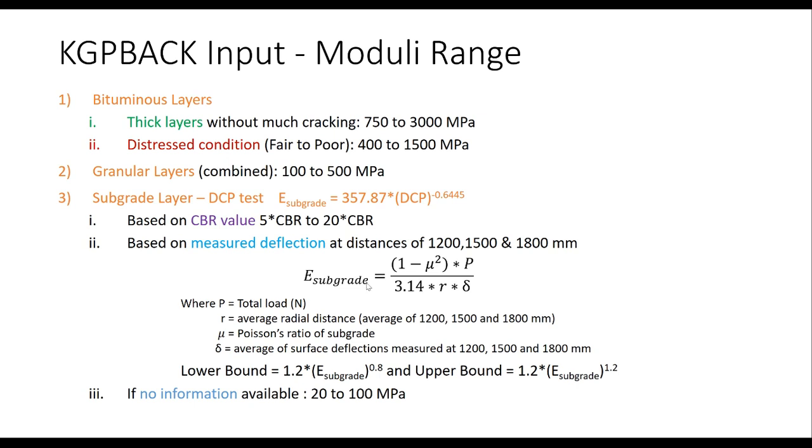The range to be given in the KGPBACK software is from 0.8 E to 1.2 E. And if there is no information available for the E value of subgrade soil, you can safely assume 20 to 100 MPa.